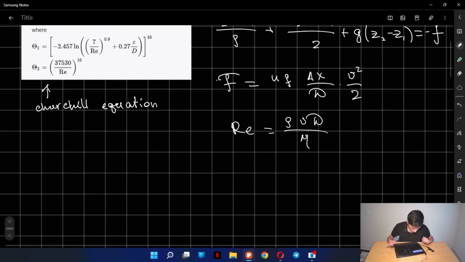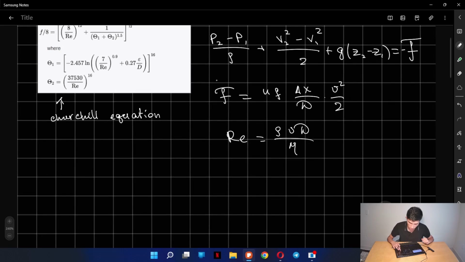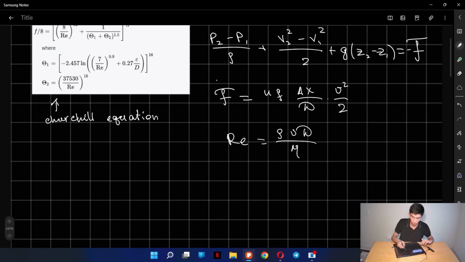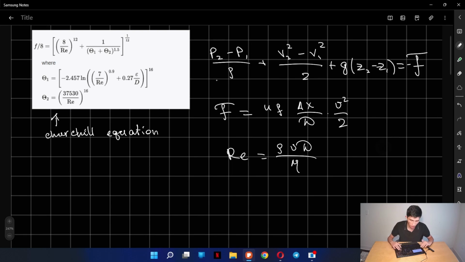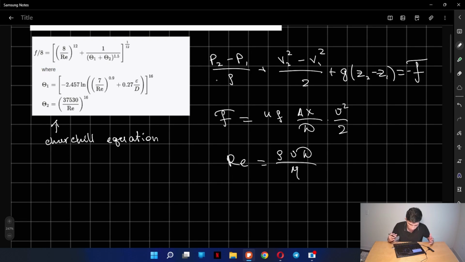Now we have our Bernoulli equation. Let's say we have a pipe segment and a certain flow, and the velocity is not changing. We're going to say that the velocity is not changing so that we don't have to take the change in kinetic energy into account, because otherwise our calculation would be very difficult.